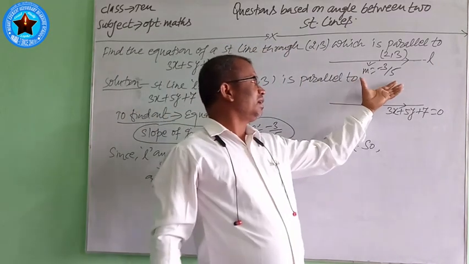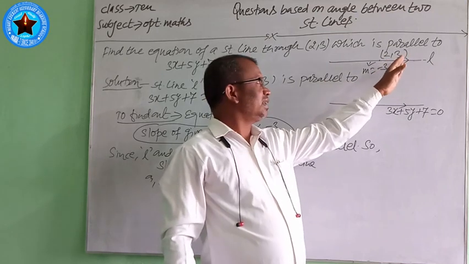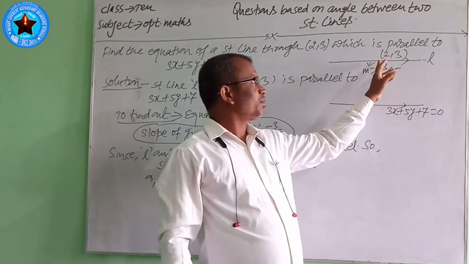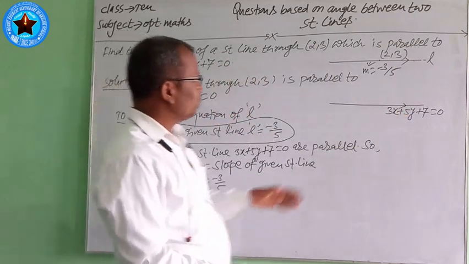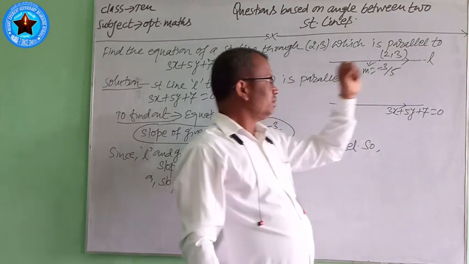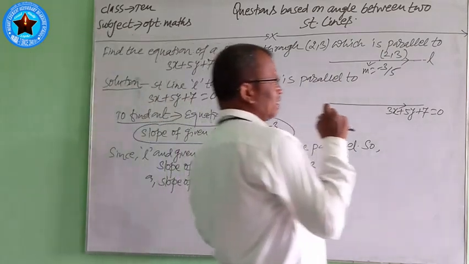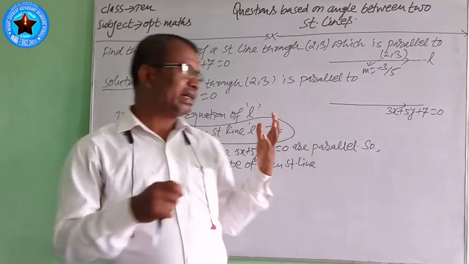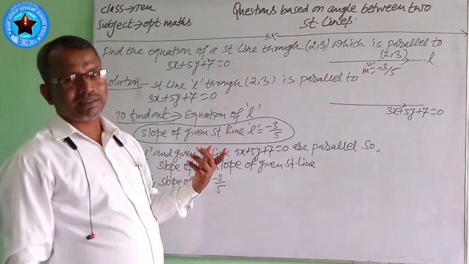We now have m equals minus 3 by 5, and a point on the straight line L. Now we have the slope of L and a point (2, 3) on L. When the slope of a straight line and a point on the straight line are given, very easily we can apply point slope form to find the equation of a straight line.